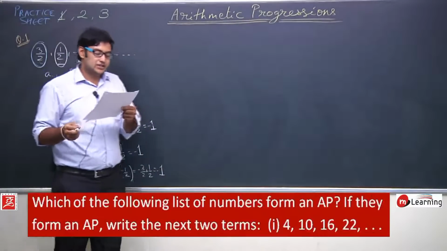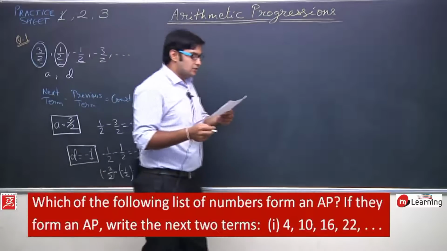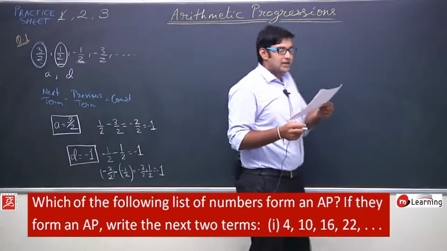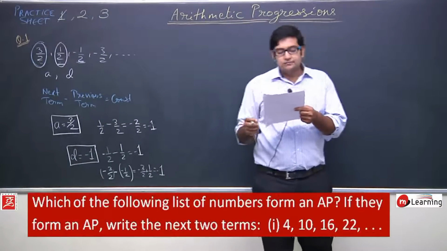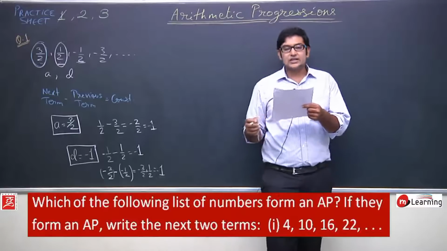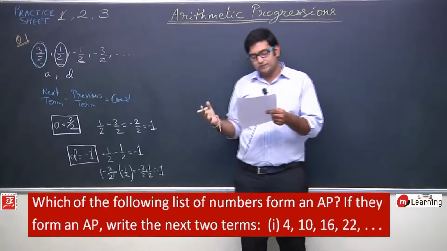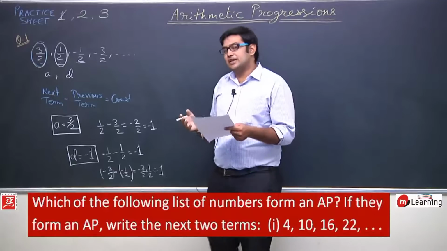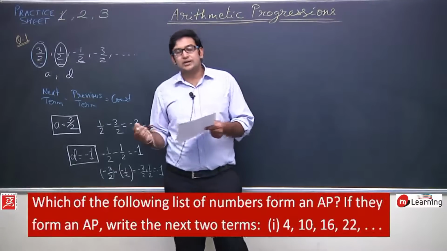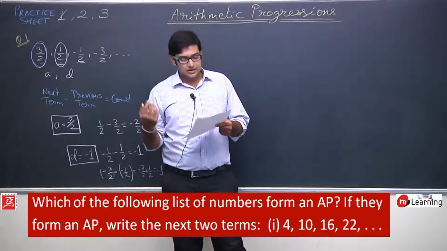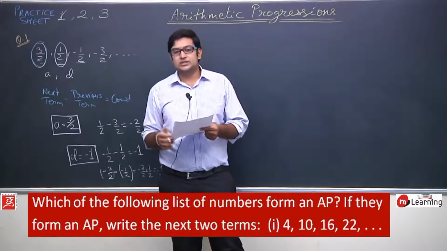The second question says, which of the following list of numbers form an AP? And if they form an AP, write the next two terms. So this question says that four different lists of numbers are given, and we need to determine which of the lists represents an arithmetic progression.